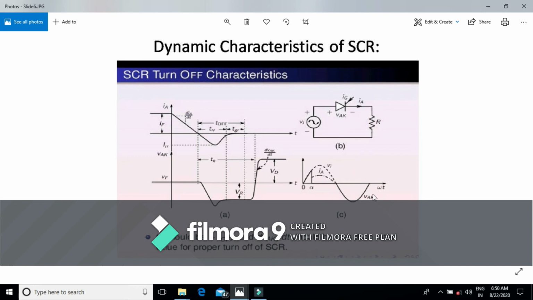To turn off we have the negative cycle, to turn on we have the positive cycle. During this reverse biased or negative cycle, we are applying the reverse voltage. During the reverse bias, our SCR will remain in the off state. That means the current in this interval will be zero.